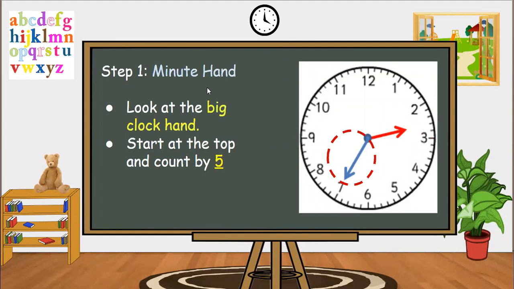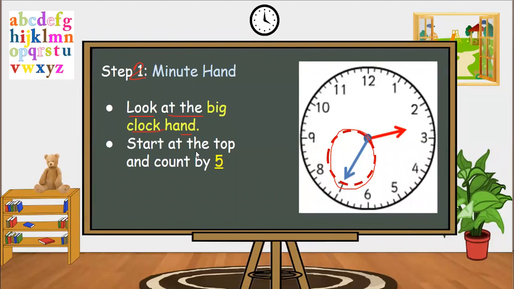Okay, here it is, the minute hand, step number 2. Look at the big clock hand. It's the long hand. Remember, this is in minutes. We are going to read the minutes by 5.